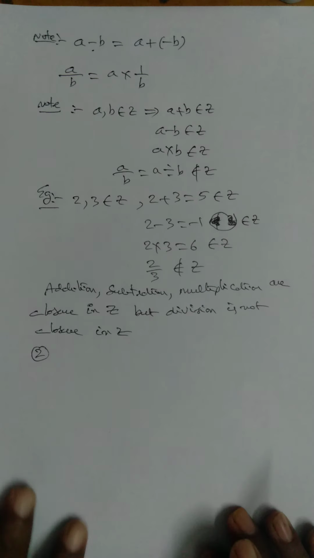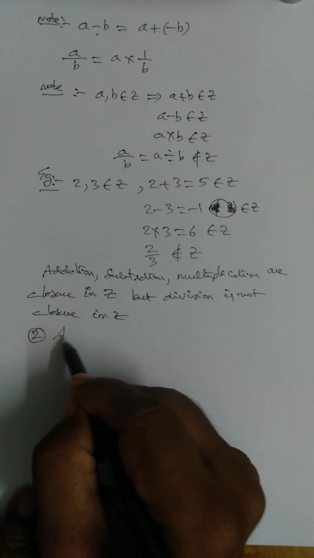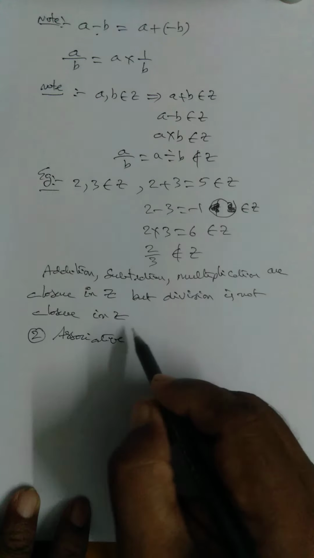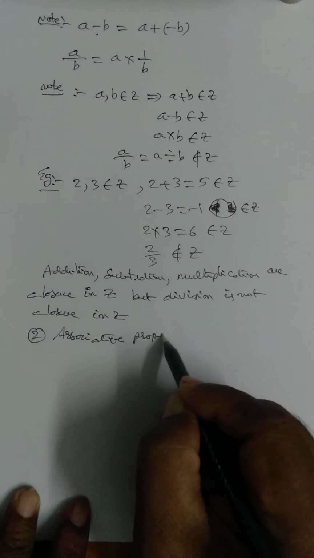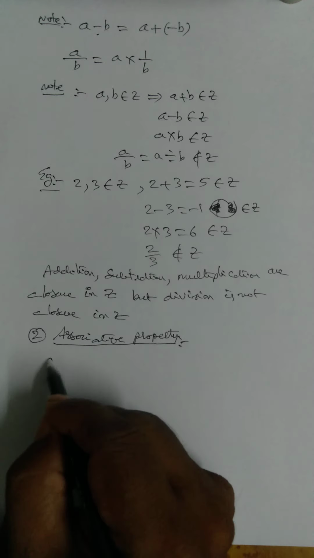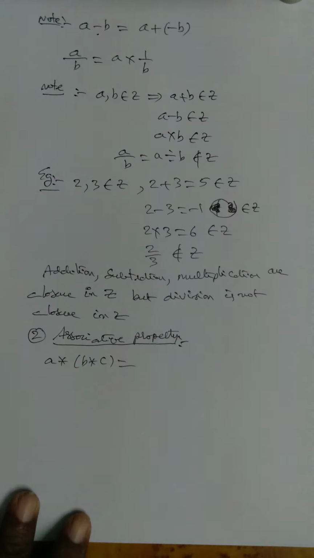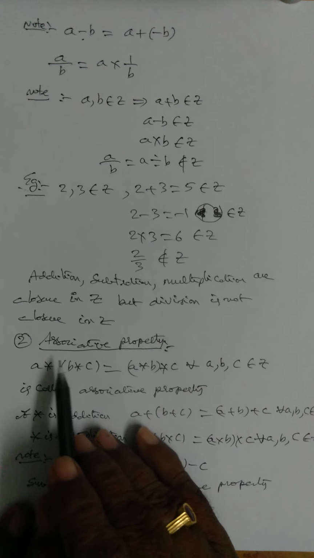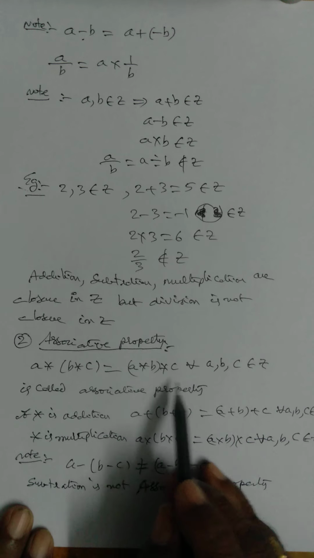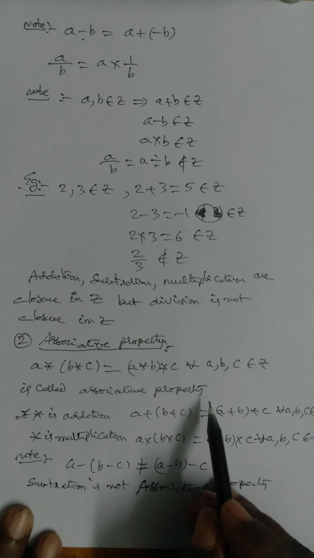Second property, associative property. A star B star C is equal to A star B star C, with brackets grouped differently, for all A, B, C belongs to Z, is called associative property.